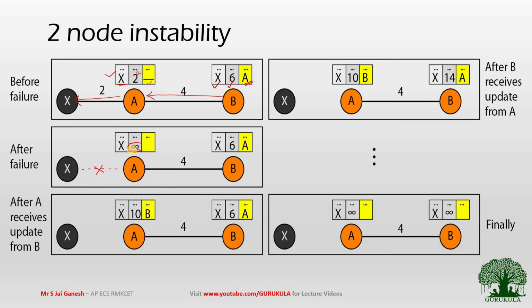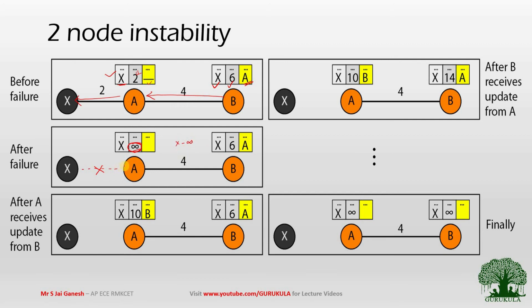A has updated its table, making the cost infinity. But B still has this particular entry, maintained as in the previous step. Now if A sends its table to B, then B will also update that X is unreachable.